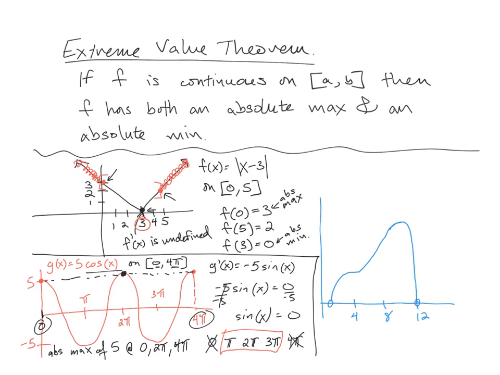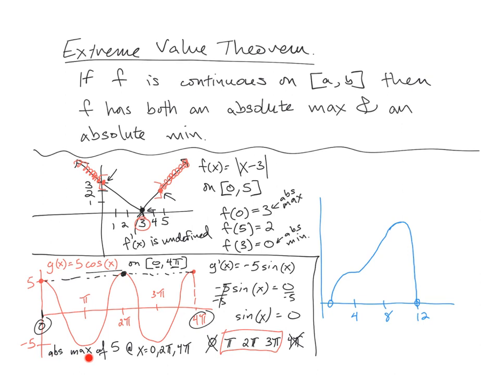I want to erase that real quickly and get this a little bit better. Here we go. At x equals 0, 2 pi, and 4 pi. And then we also have minimums here, but I ran out of space, but we could have an absolute minimum of -5 at x equals pi and x equals 3 pi.